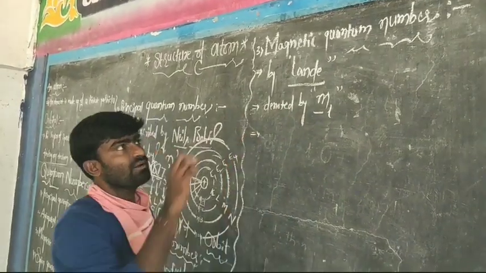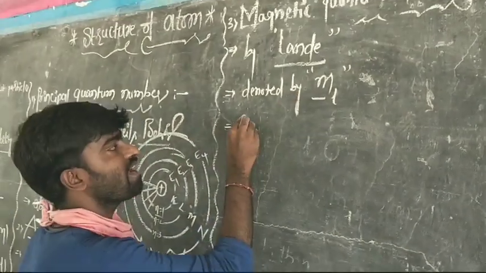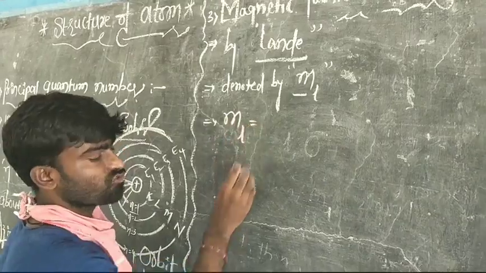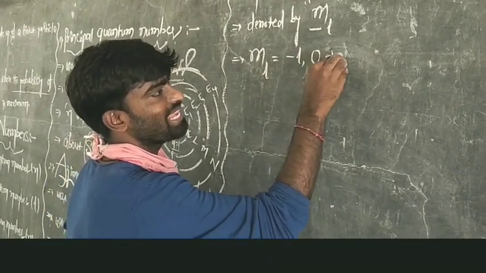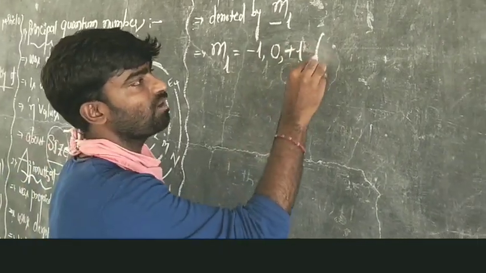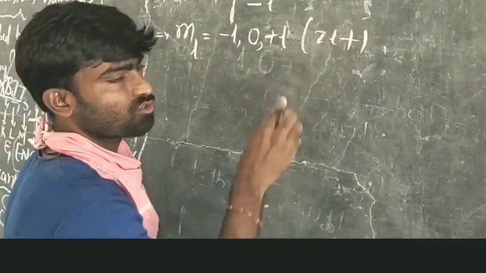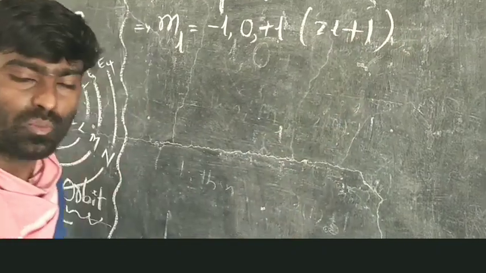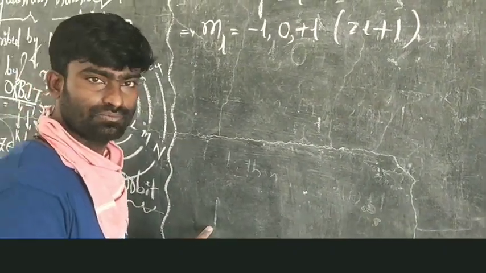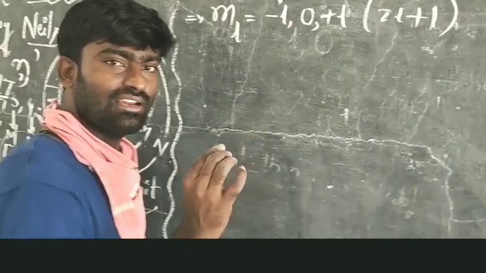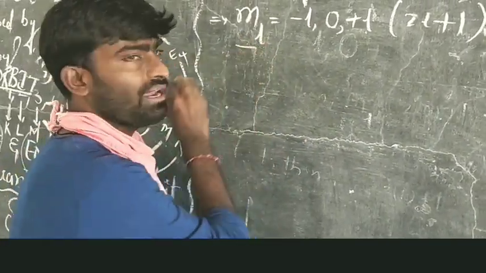Here the ml values range from minus l through 0 to plus l, followed by the formula 2l plus 1, which means that if you know the l value, then you can calculate the number of ml values.